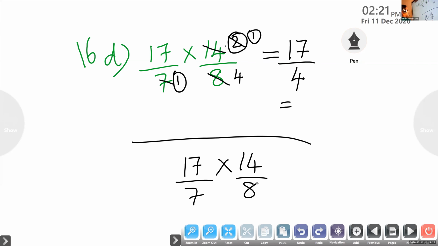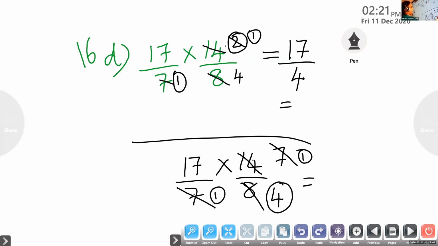Chinmay started with 7 and 14. If I start first by 2, 7 2s are 14, 4 2s are 8. Here when I cut again, I can cut 7 and 7. Any method you do, you will get the answer as 17 divided by 4.